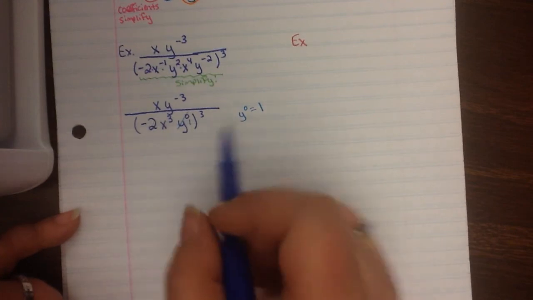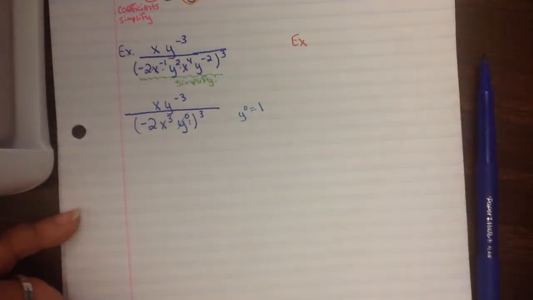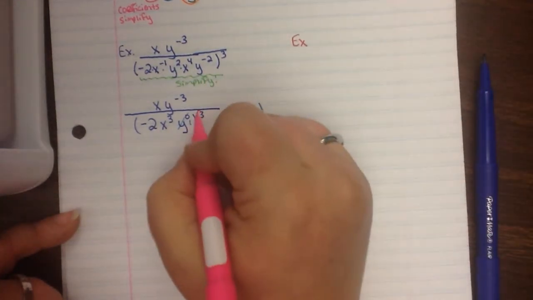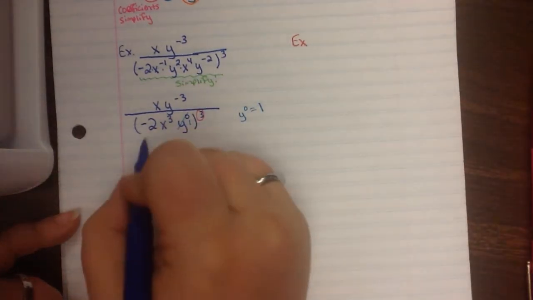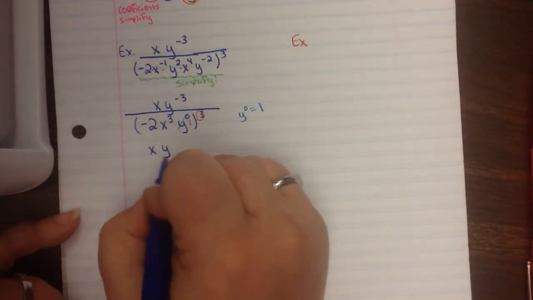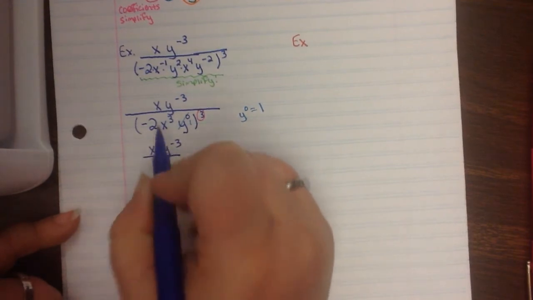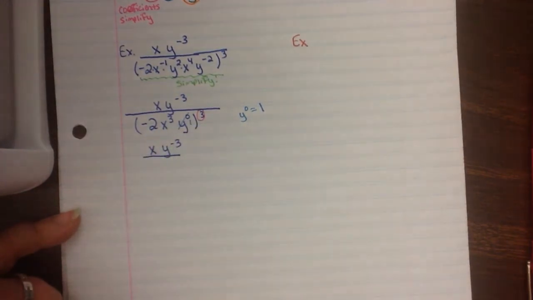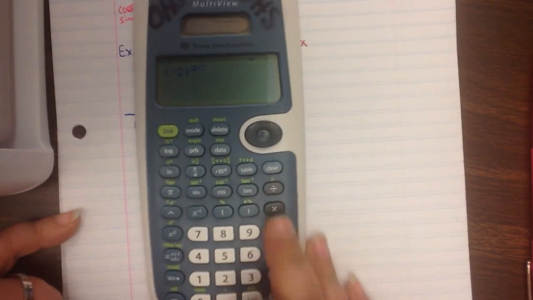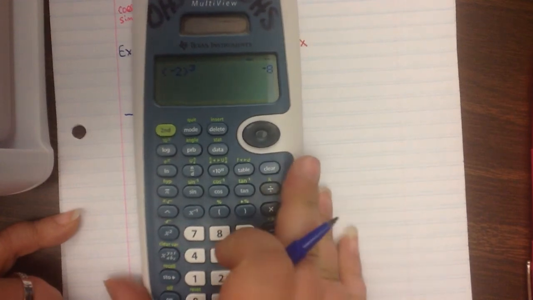Okay, so now I need to take everything to the third power. So I have x and y to the negative third, and then I'm going to have negative 2 to the third. So get your calculator. Since this is a negative, make sure you put it in parentheses. So when I do negative 2 to the third, it gives me negative 8.